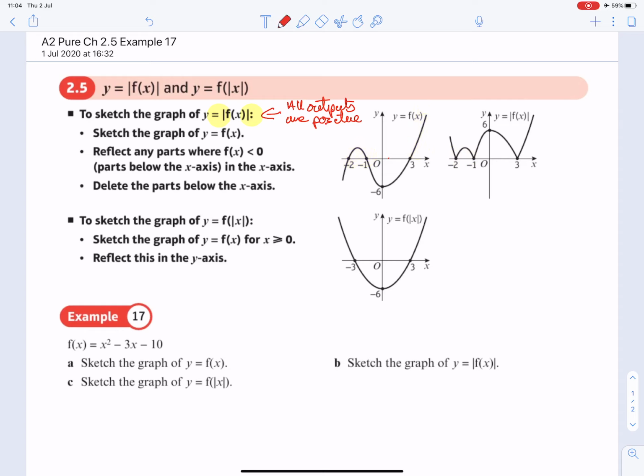If we now look at this one, it's saying the inputs into the function f are made positive.